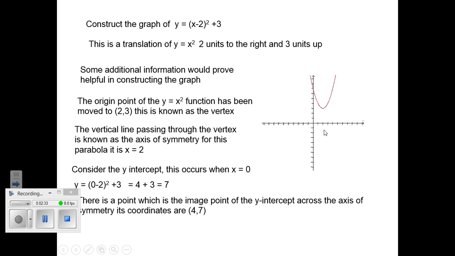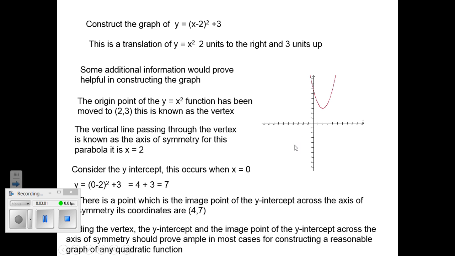Since the axis of symmetry is x equals 2, the width of the parabola, if you will, is 4 units. 2 units to the left of the axis of symmetry is the y-intercept. 2 units to the right is the mirror image point, which is at (4, 7). And the reason we plot that is because it just gives us a gauge on how wide this parabola is going to be. Okay, so let's move on.